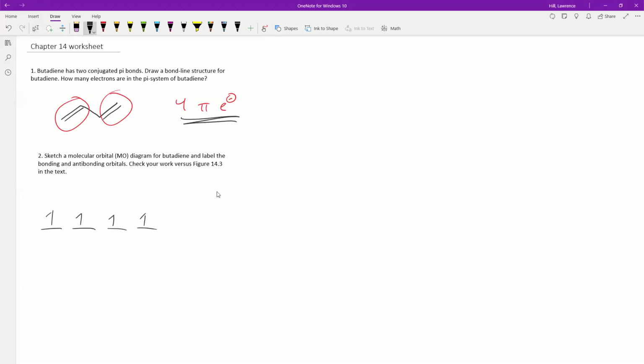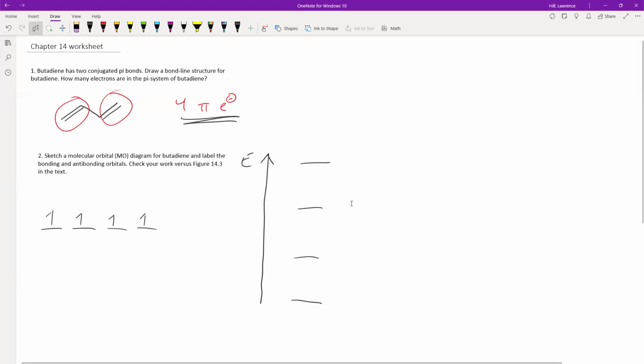So for an MO diagram, a molecular orbital diagram, you draw your energy axis, and you're going to have 1 orbital go down, 1 orbital go up, 1 orbital go down, 1 orbital go up, and that's it. There'll be 4 orbitals, 4 molecular orbitals. That's what we're drawing over here, because there were 4 atomic orbitals.